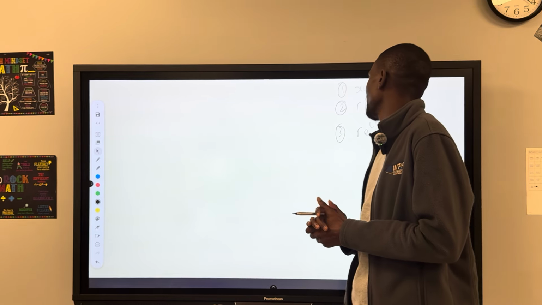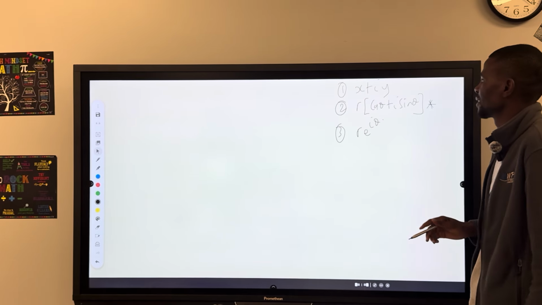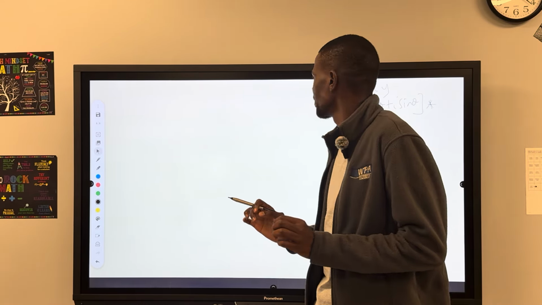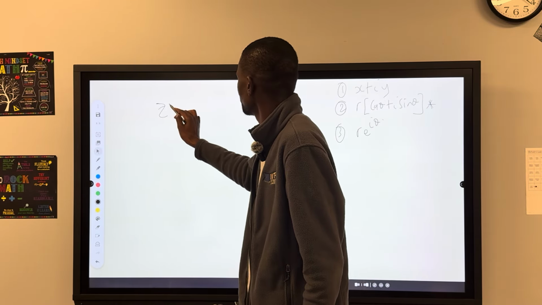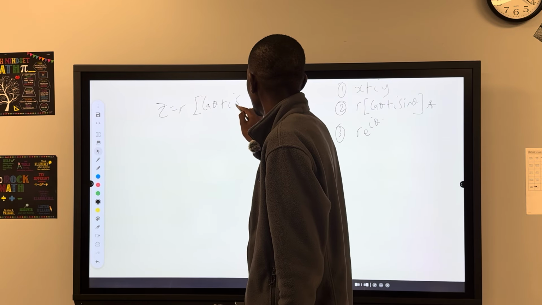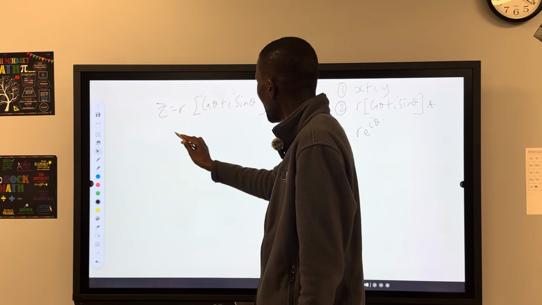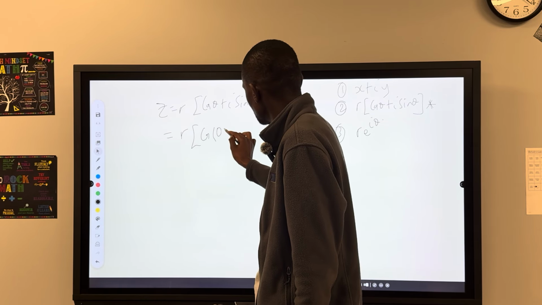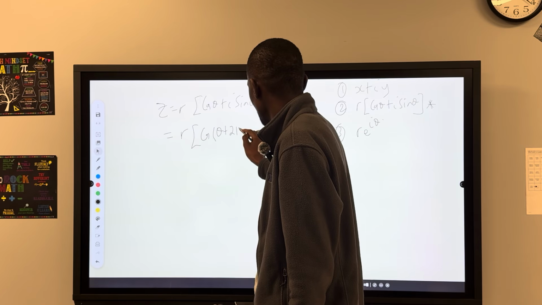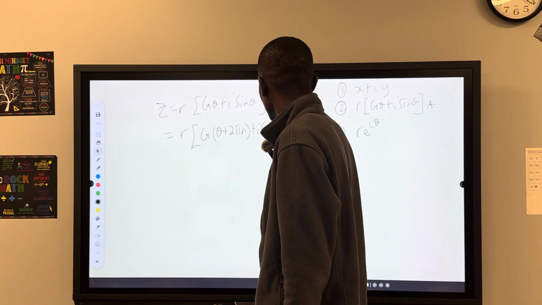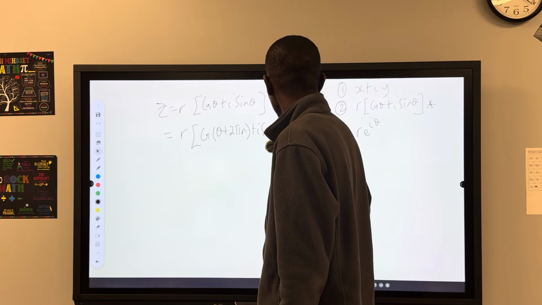Remember, if I want to talk more about this: when a complex number is expressed in polar form, like in this form here, r cos theta plus i sin theta, it is also the same as cos of theta plus 2 pi n plus i sin of theta plus 2 pi n.